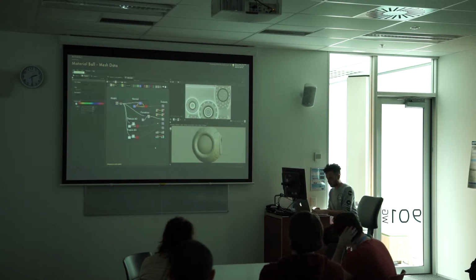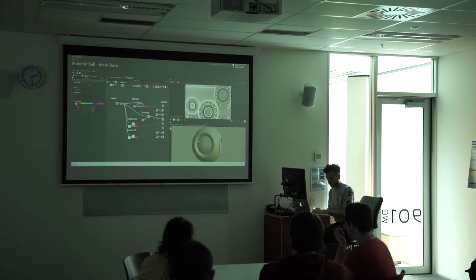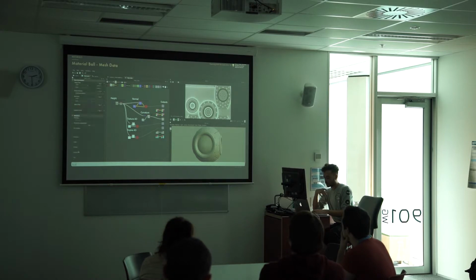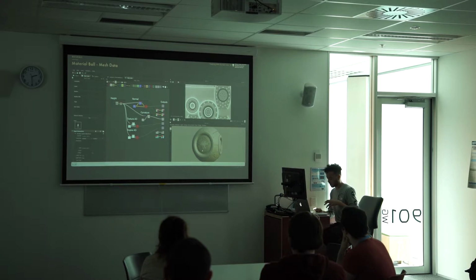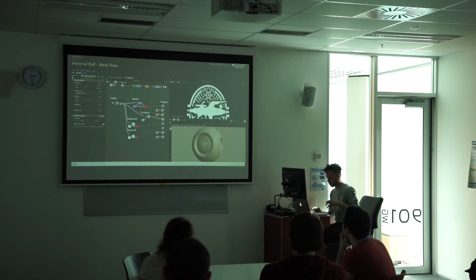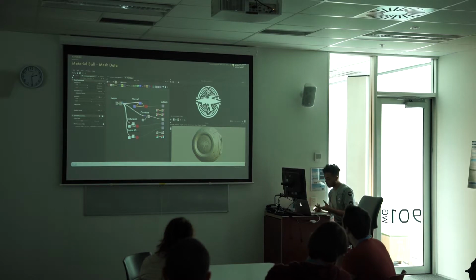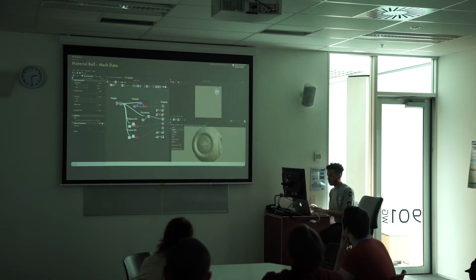So this is an example of what the material looks like. This is the mesh data graph. What I've done is separate out the model information from the material graph, and I try to keep it separate because you might want to make edits. For example, I've made an edit to the material ball here by adding in a black and white stamp. I made the asset without that, and I've added this in.